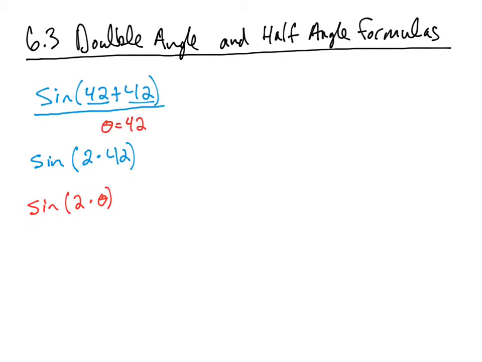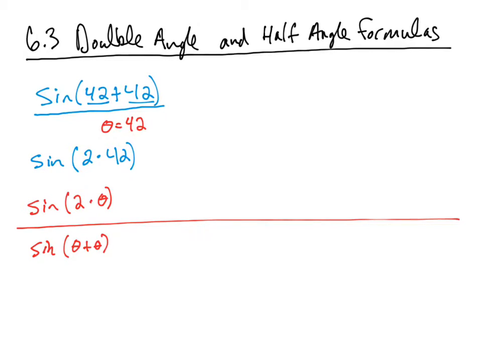Now, sine of 2 times theta is the same thing as sine of theta plus theta. So what happens when we expand this out? Let's use the sum formula. The sum formula is sine of the first times cosine of the second plus sine of the second times cosine of the first.